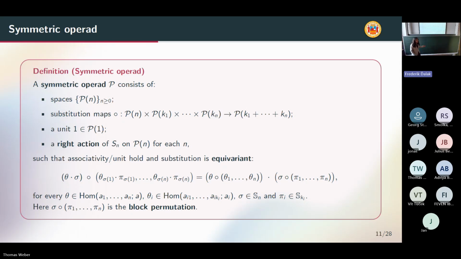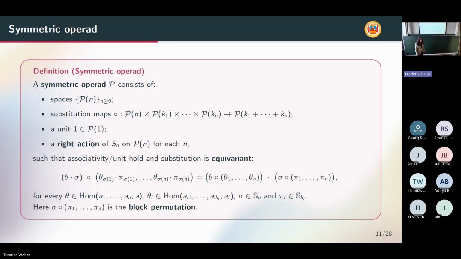And the definition is actually very simple because a symmetric operad is just a non-symmetric one in which, in addition, we have a right action of the symmetric group on each space, and we have that substitution has to be equivariant. So we have this formula here.